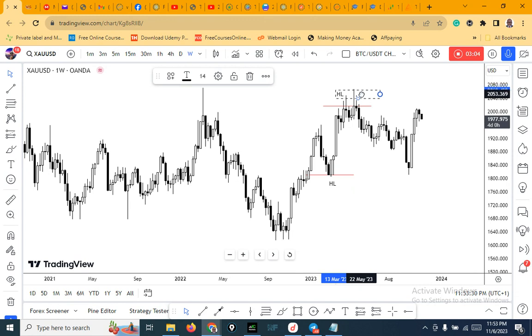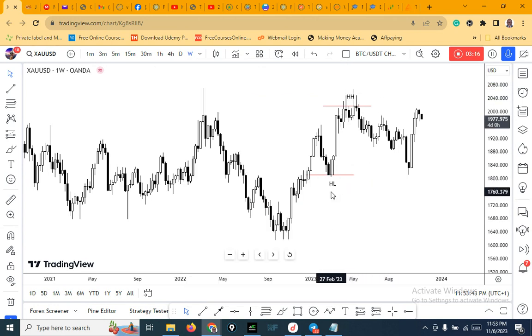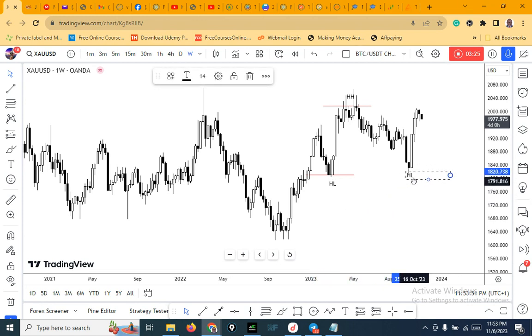And this is our higher high. Guys, you're going to take it from the body of the candlestick, not the wick. This is our higher high. So now the market has pulled back to make a higher low. So you have a higher low here.